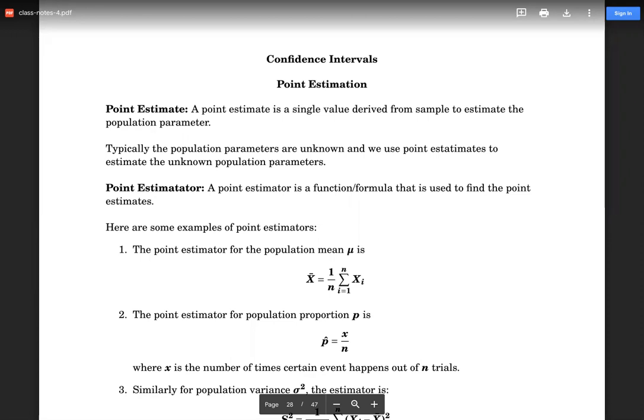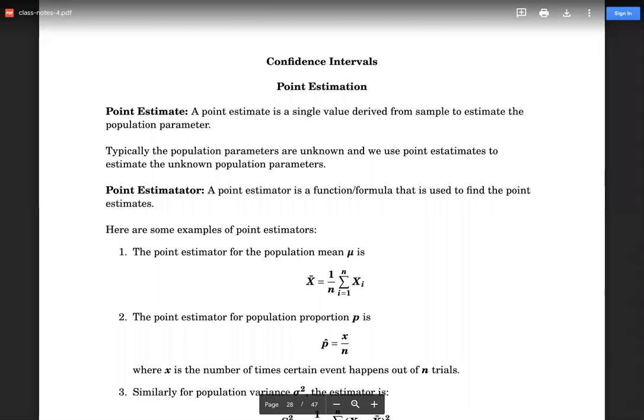So you could say, I found 17, the X bar, the sample average, but with good common sense and my experience, I could say it could be as low as 16 or as high as 18.